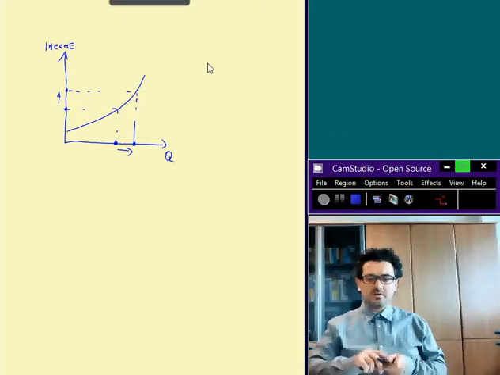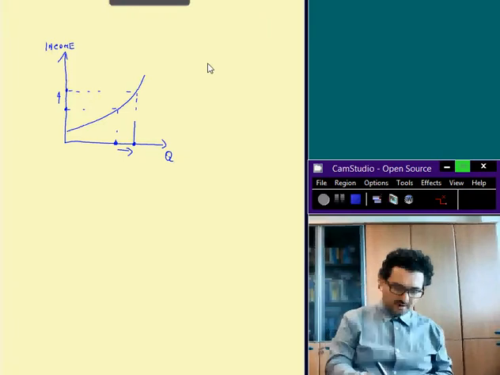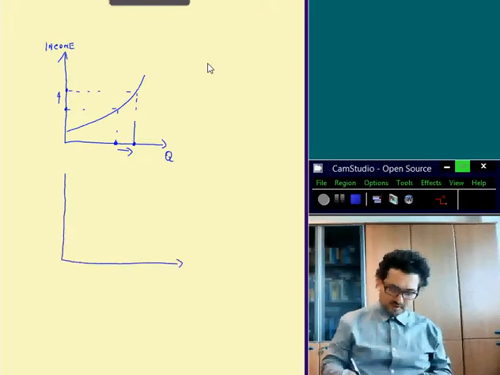In the case of inferior goods, like the case of beans, if we have an increase in the income level, this should lead to a decrease in the demanded quantity.